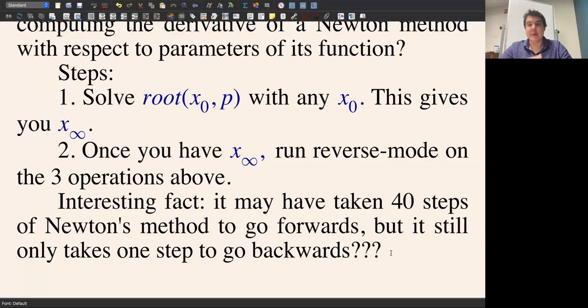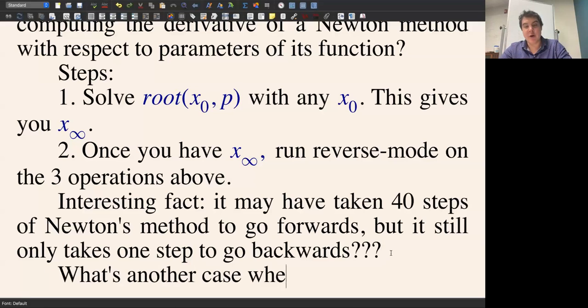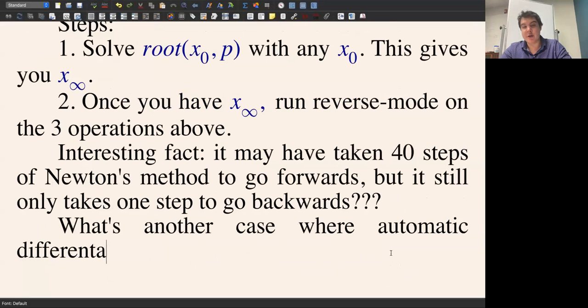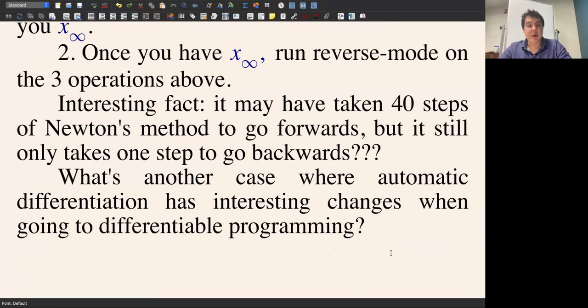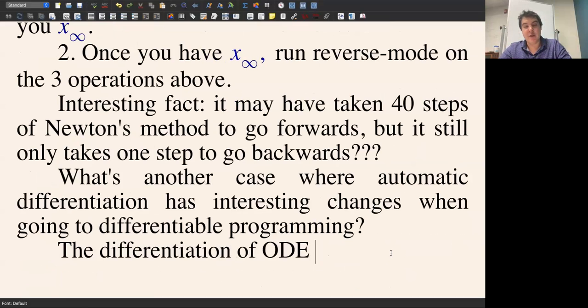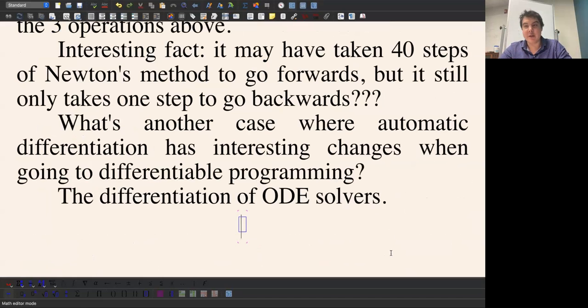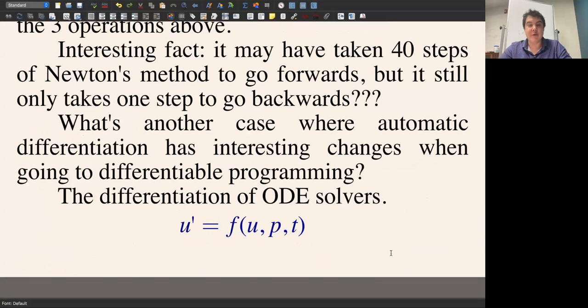Those are iterative methods, and they have a very nice property. So what's another case where automatic differentiation has interesting changes when going to differentiable programming? Another case is the differentiation of ODE solvers. First of all, as a quick primer, an ODE is an equation u prime equals f of u comma t.